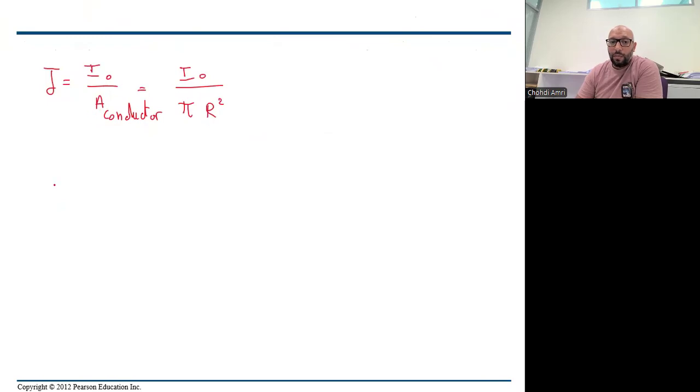At the same time, as long as we have the same current, a steady current, and the same material, J equals an amount of the current I divided by the area enclosed by the symmetric path. Okay, by the symmetric path. Let's write by the path.